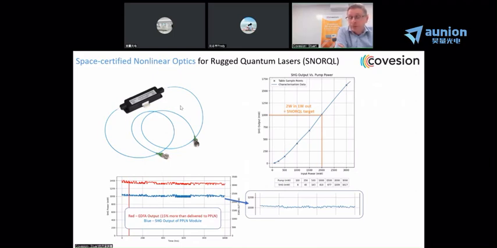This was a result from another one of our R&D projects, so it was a project result. And at the bottom, you've then got lifetime test data, where we've run one of our modules out to 1,000 hours of operation and shown stable output over that lifetime with 1 watt output. In fact, all of the drift and noise we're seeing on the second harmonic output, we can attribute to the pump source itself and the amplifier that we're using.